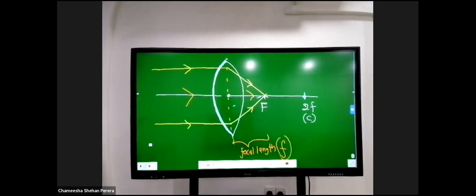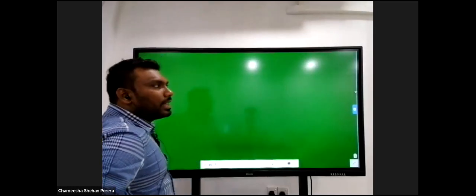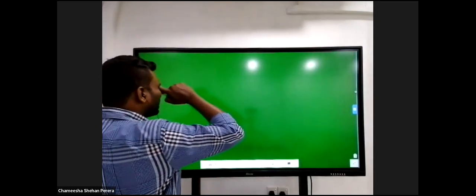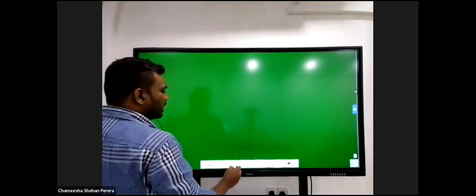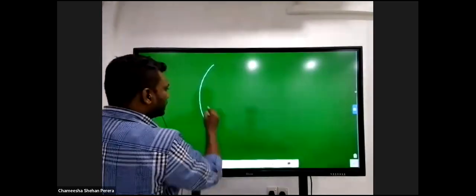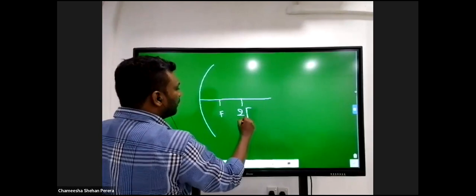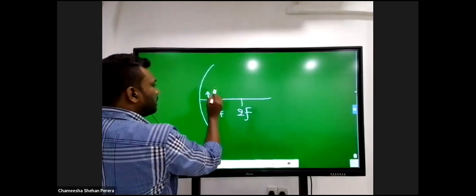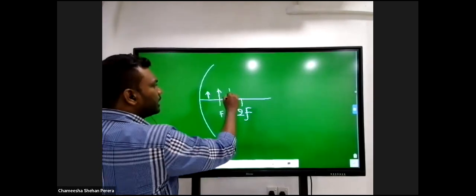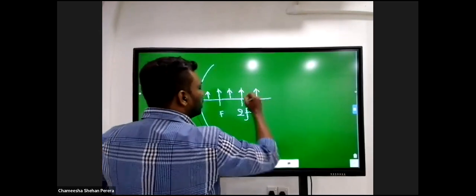So same as before, if you remember when we were doing this same thing with concave and convex mirrors, we had the mirror surface, we had the principal axis, and then we had the focal point, and we had the 2f point. We kept the object in between the focal point and the mirror, then on the focal point, in between the focal point and the 2f point, on 2f, and even beyond 2f.